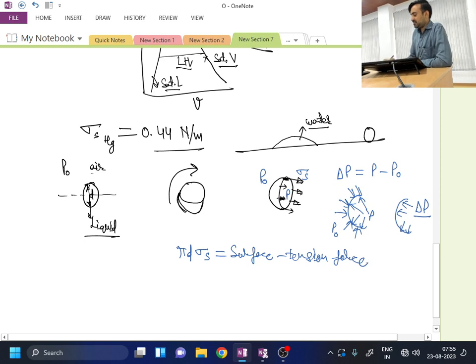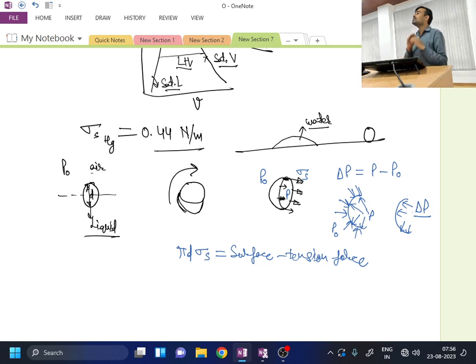So this is the surface tension force which is acting on the drop. Okay. Now if you see, this is surface tension force, but there is some pressure force also. And the direction of these arrows of pressure is opposite to the direction of the surface tension force. Okay, so it means that whatever force we can quantify because of the pressure is being balanced by the surface tension force over here.